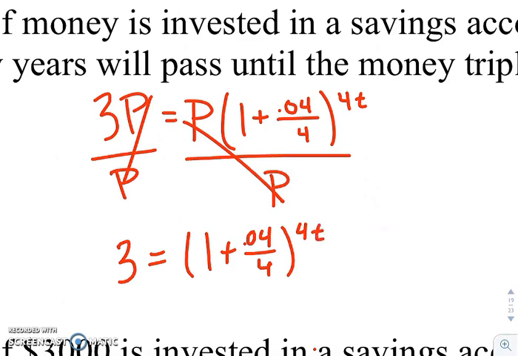So we have to undo this exponential piece. We would need to take the base of this and bring it over, but we don't know that base yet, so we have to get the value of what is inside those parentheses. So 1 plus 0.04 divided by 4.